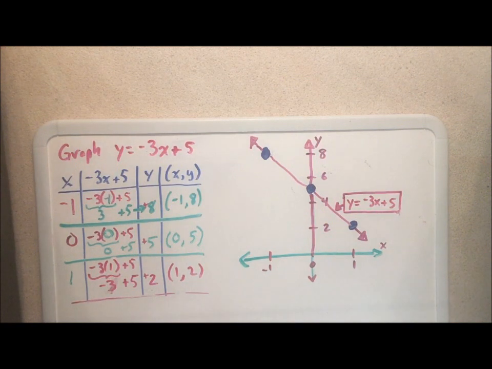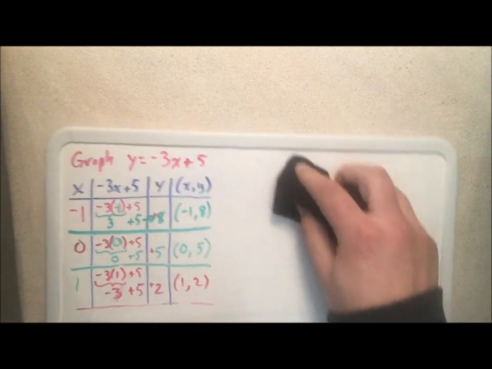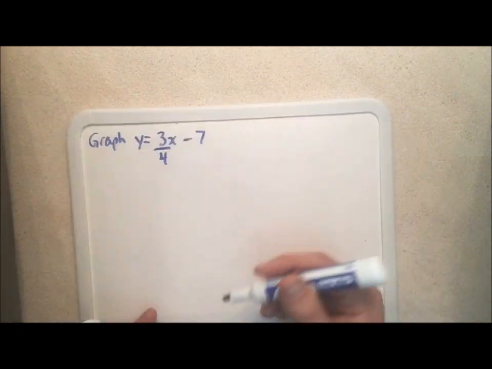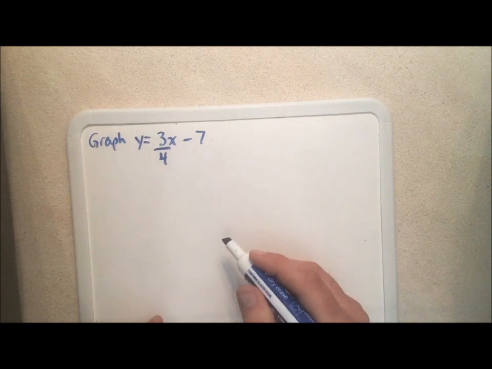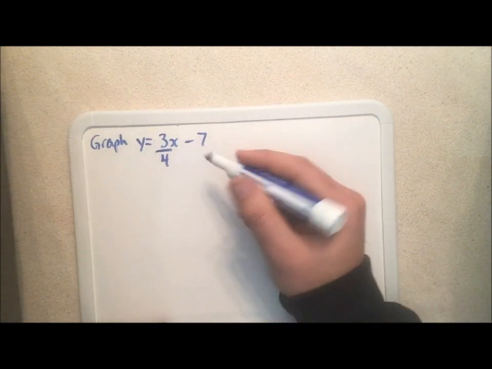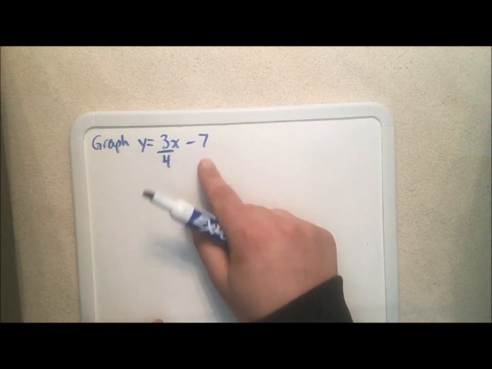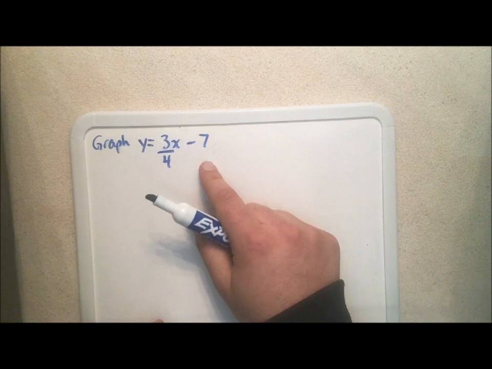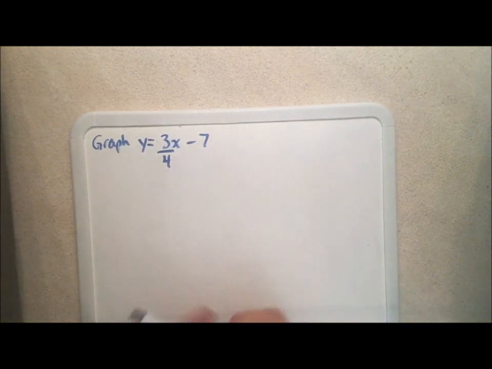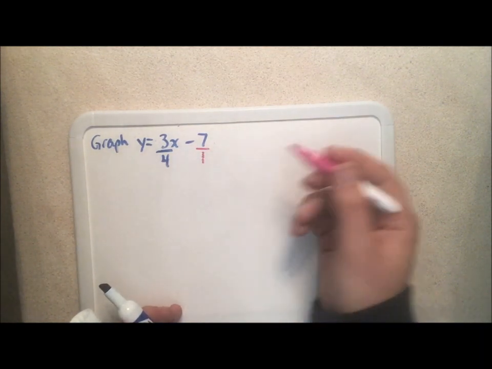So there's one more type of question that I'm going to do, and that's when we have fractions, because we have to know how to do fractions all the time. First things first, we don't have to be scared of a fraction. It's the same as anything else that we're doing. Now, if I have a fraction minus something else here, I might have to deal with fractions. So what I want to do first is put the 7 over an invisible 1, because we can.